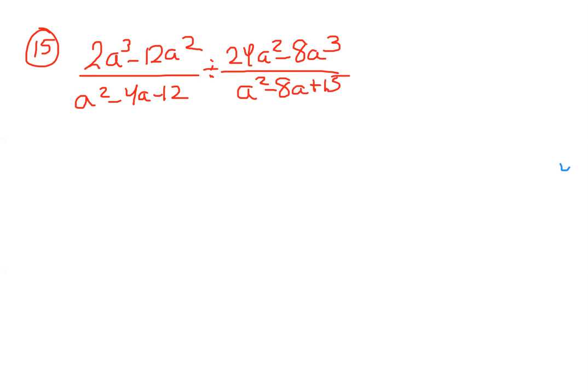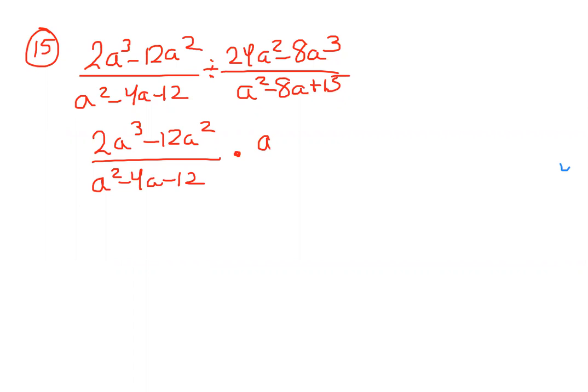So the first thing we're going to do is write the first one exactly like it is. And we're going to change it to a multiplication and take the reciprocal of the second one.